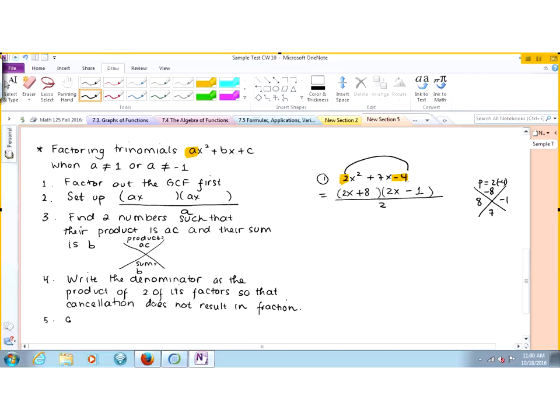And then cancel the common factor. Okay, so now how do I write 2? 2 is 2 times 1 only, right? So I'm going to rewrite 2 as 2 times 1.